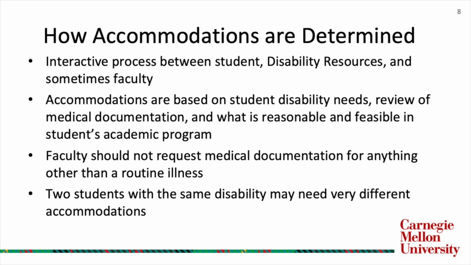One of the things that the Office of Civil Rights always looks into is was there an interactive process between the student, disability resources, sometimes faculty or others when appropriate.